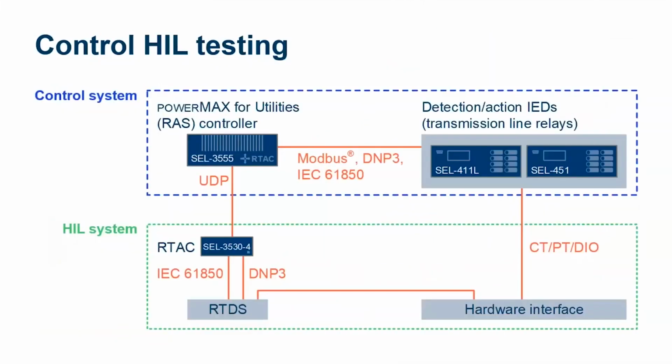Diving into the details of controller hardware-in-the-loop. Once the test bed is created, the RAS control system in its entirety, including detection devices, action devices, I/O modules, controllers, and HMI, are all connected in closed loop with the RTDS model.